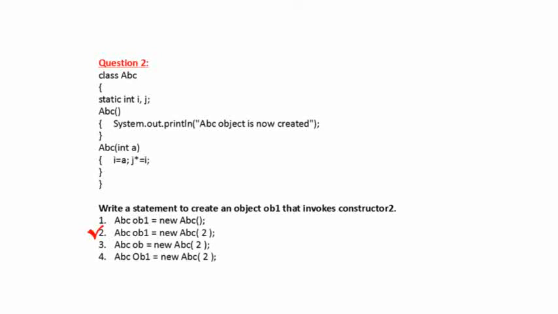So if you follow this entire thing, the correct answer is number 2. ABC OB1 is equal to new ABC, and in parentheses you have to pass 2. The rest, all the options that you have, have some kind of problem. Just find it out.